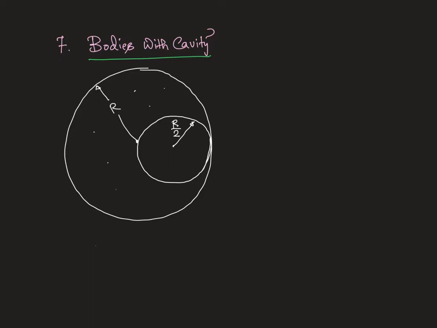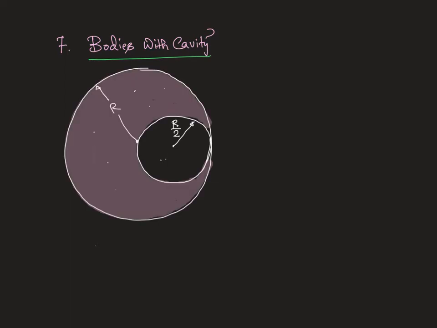So this part is hollow, the inside of this smaller disc is hollow. The shaded part is the part with matter, and the hollow part is the black one. You have to locate the center of mass, and this point is x equal to 0, and that's the x-axis.